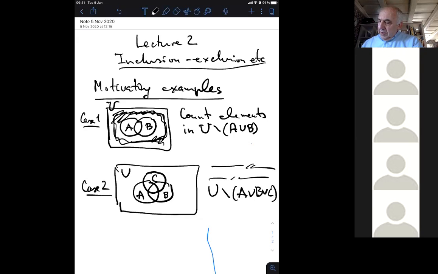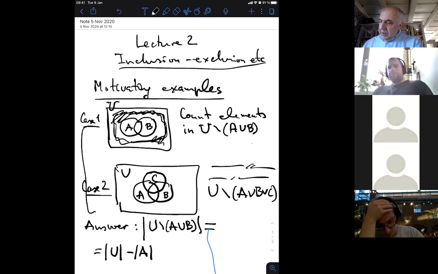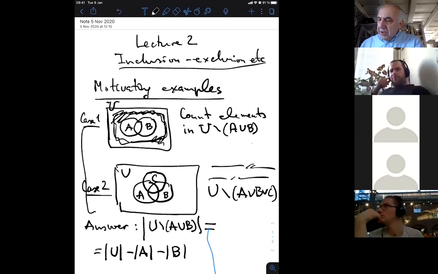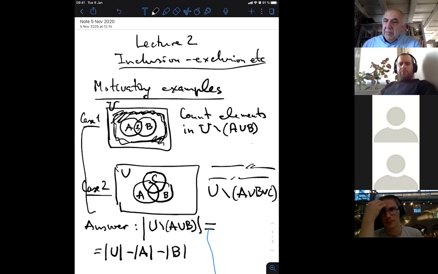So the answer in the first case obviously would be: the number of elements, denoted by these vertical brackets, we take the number of elements in U. Now subtract the number of elements in A and subtract the number of elements in B. This is not exactly what we want, because now we have subtracted the intersection twice, because those elements which lie both in A and B have been subtracted twice.